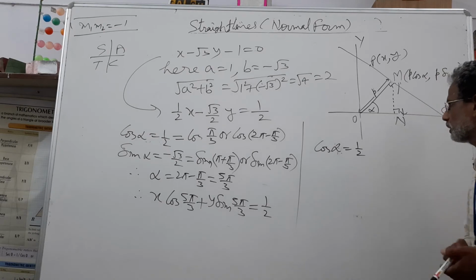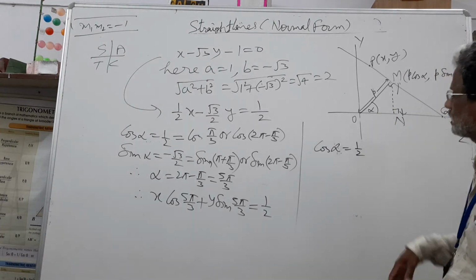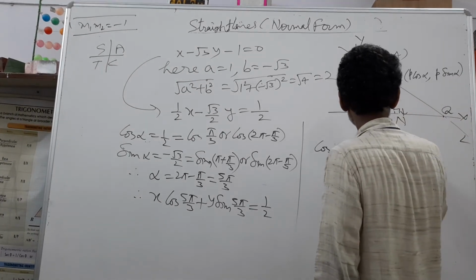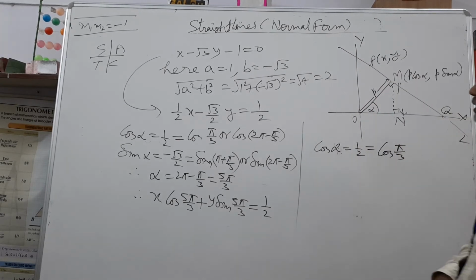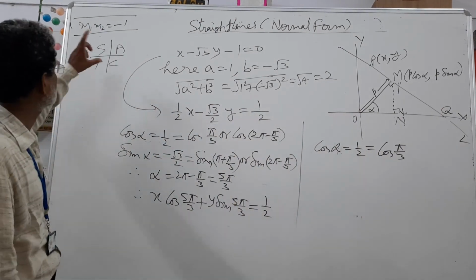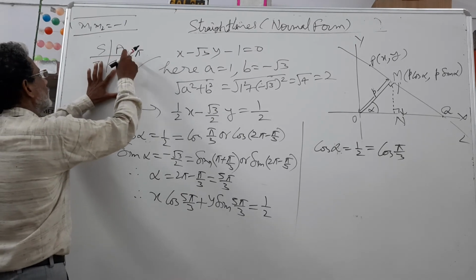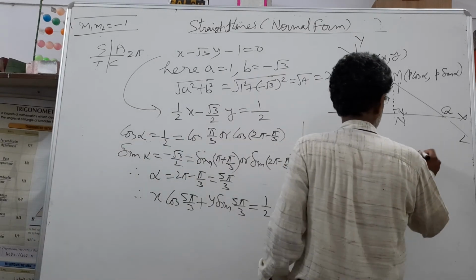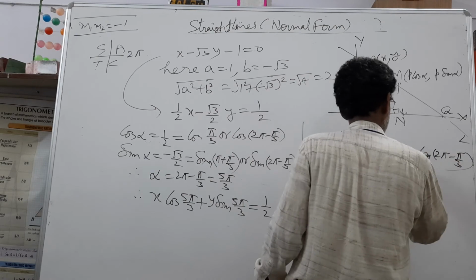Consider for which angle cos gives half: 60 degree, that is pi by 3 radian. So first of all it becomes cos of pi by 3. Again consider where cos is positive, that is the fourth quadrant. In the fourth quadrant we will go by 2 pi minus. So it also becomes cos of 2 pi minus pi by 3. Same, equivalent.